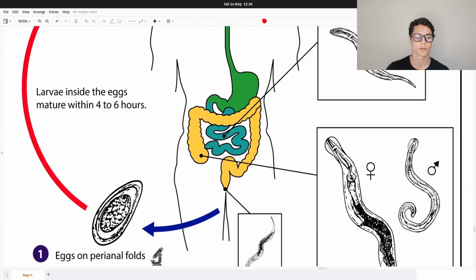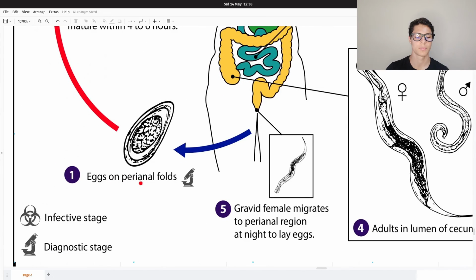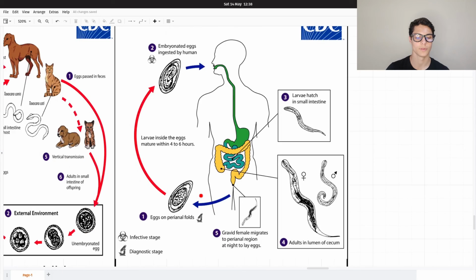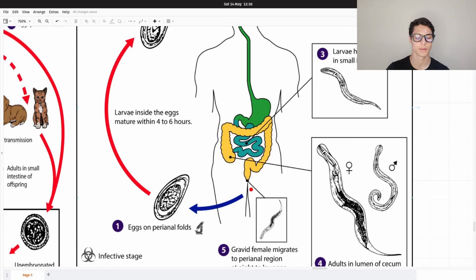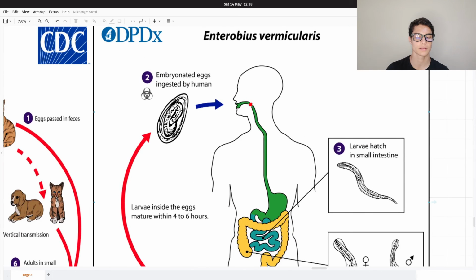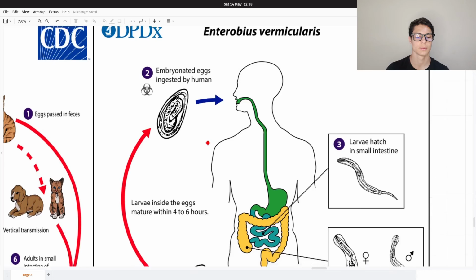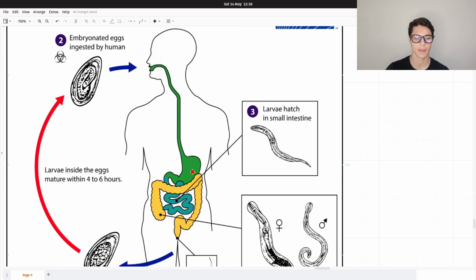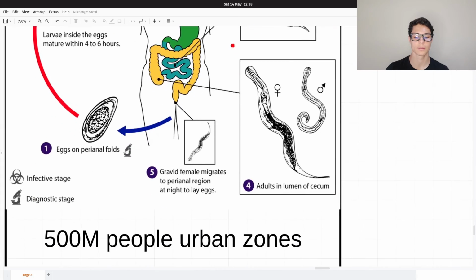Basically, it starts with the eggs on the perianal folds. So they do not really get off the host, they are just there. And they cause itching. Then children especially will touch that part with their hands, and then they will probably put the hands in their mouth and ingest the embryonated eggs, and the cycle repeats because then they can grow as larvae and adults in the lumen of the cecum.